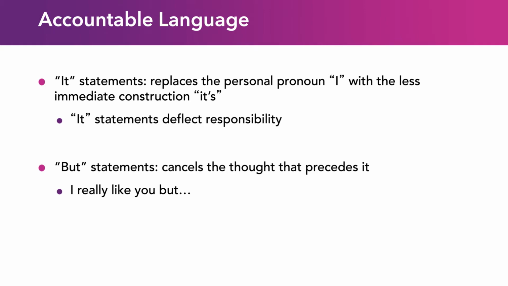So they would say something like, it's a bad idea, instead of saying, I don't think it's a good idea. Obviously there's an it in that one too, but when you take I out of there, you're removing yourself from the situation. Okay, and it comes across as a little passive aggressive.